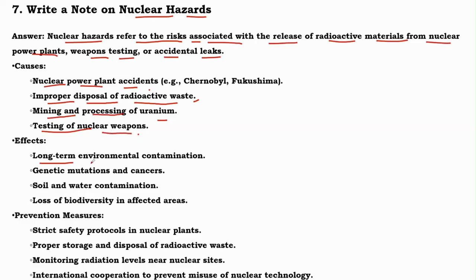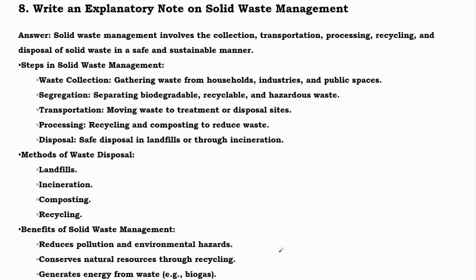Effects: long-term environmental contamination, genetic mutation and cancer, soil and water contamination, loss of biodiversity in affected areas. Prevention: strict safety protocols in nuclear plants, proper storage and disposal of radioactive waste, monitoring radiation levels near nuclear sites, and international cooperation to prevent misuse of nuclear technology.